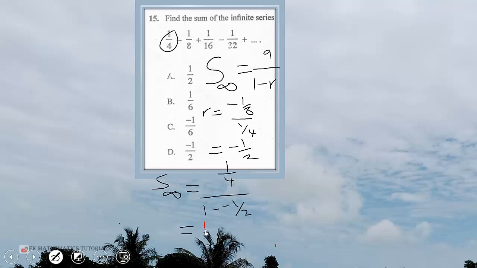It is the same as 1 over 4 times 2 over 3. And 2 will go into 4 two times, so that will give you 1 over 2 times 1 over 3, which is 1 over 6. So the correct answer will be B.